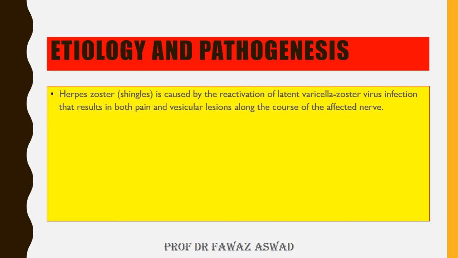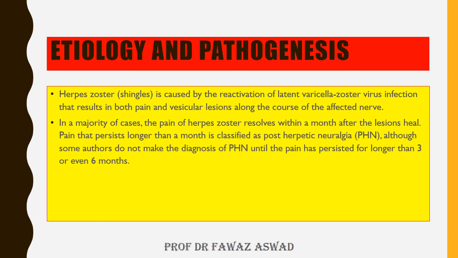So we are going to have an idea about the etiology and pathogenesis of these types of pain. As we know, herpes zoster is caused by reactivation of the latent varicella zoster virus, which results in pain and vesicular lesions along the course of the affected nerve.